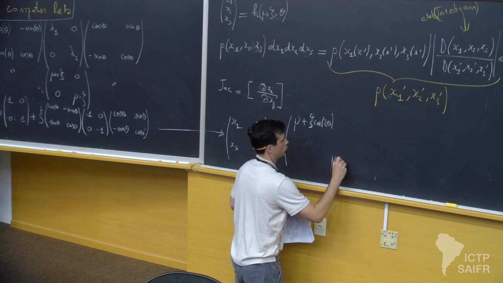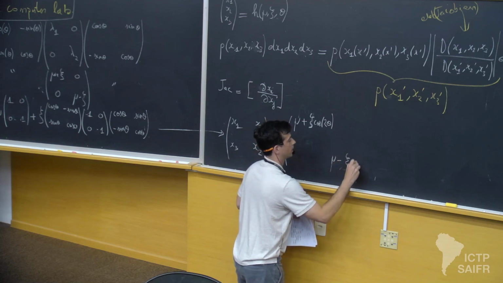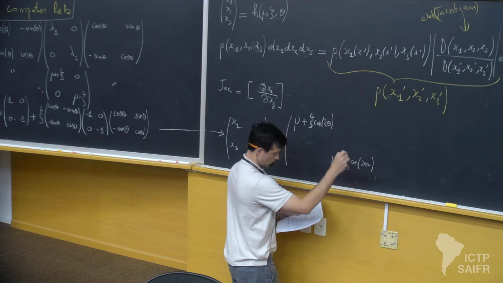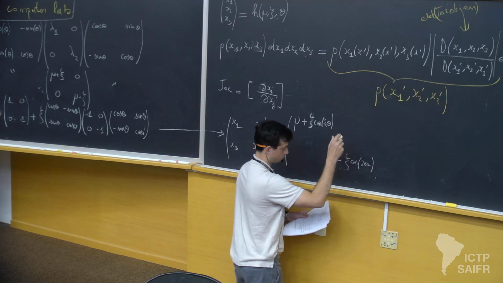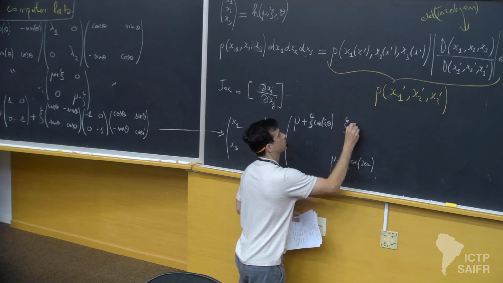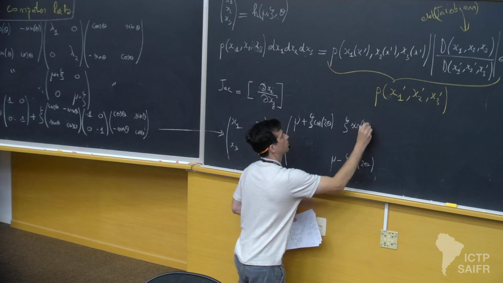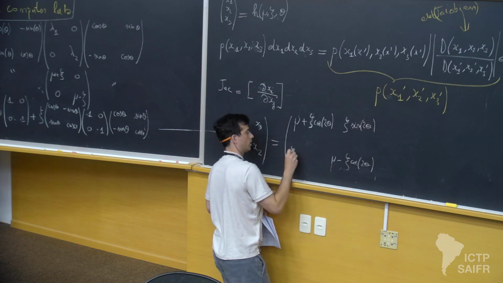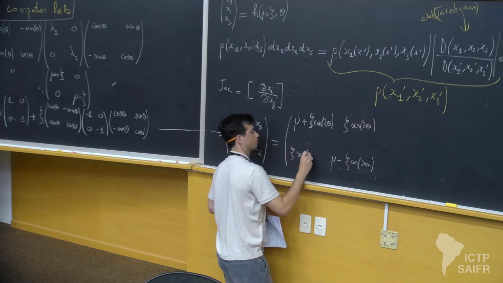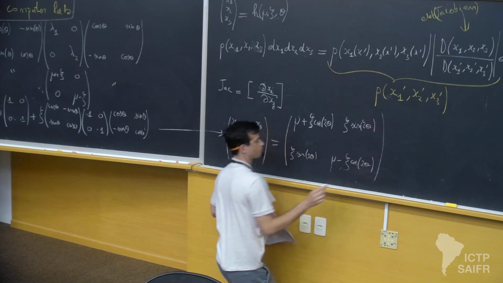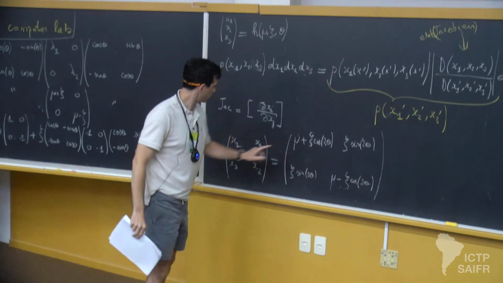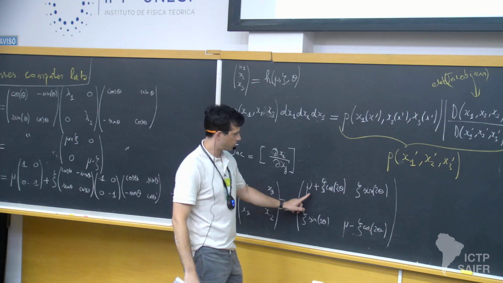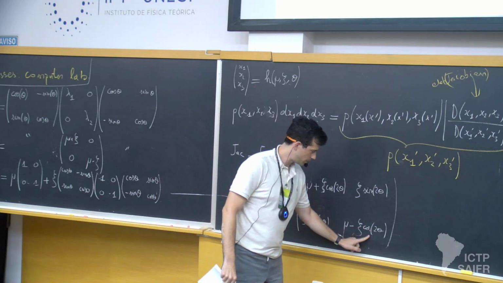And here is mu minus psi cosine of 2 theta. And then you would have psi sine 2 theta, and this is symmetric, right? So this is x1 expressed as a function of the three new variables, this is x2, and this is x3.